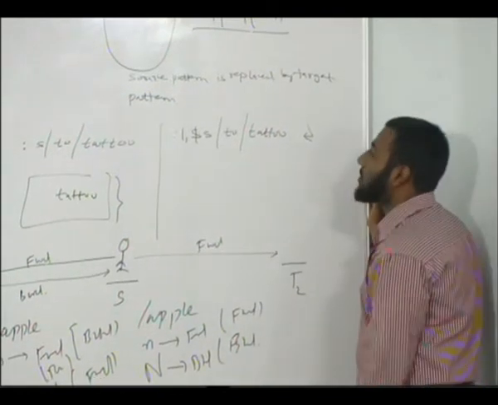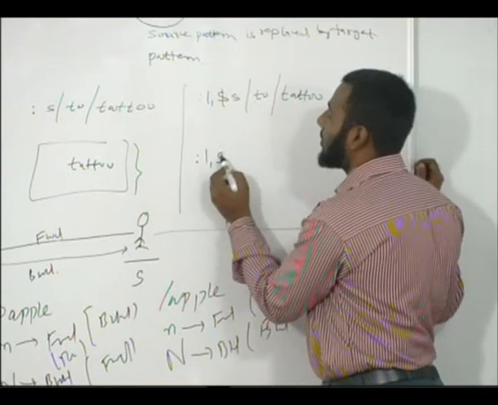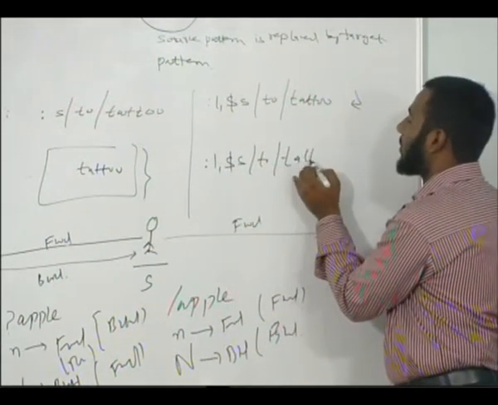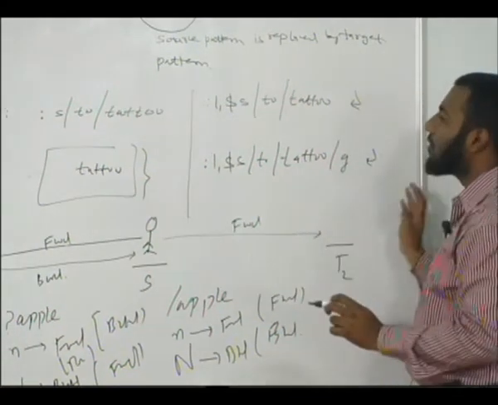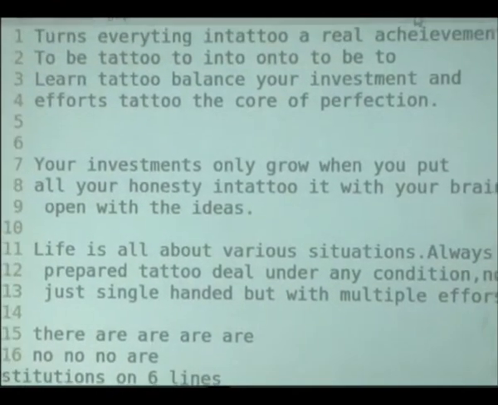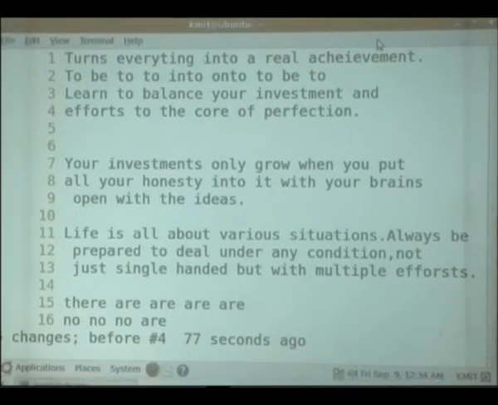Now these flags are used like this: 1 comma $s 2 with tattoo /g, global for all. It does replacement for all. So now I'll just undo this command. Now again we see all the 2's.